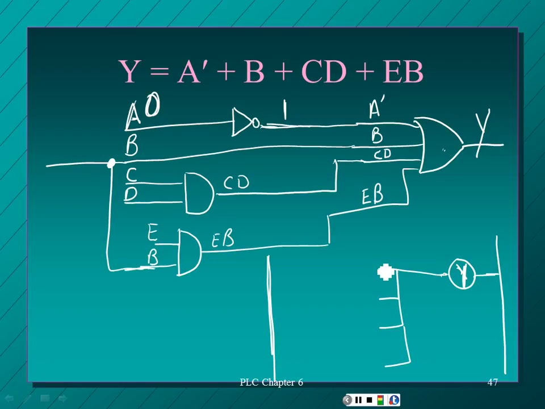So on the first leg, what do I have? Not A. On the second rung, what do I have? Normally open B. On the third rung, what do I have? And actually, you can look right here next to the gate. I have C times D, so how do I do that? Series.